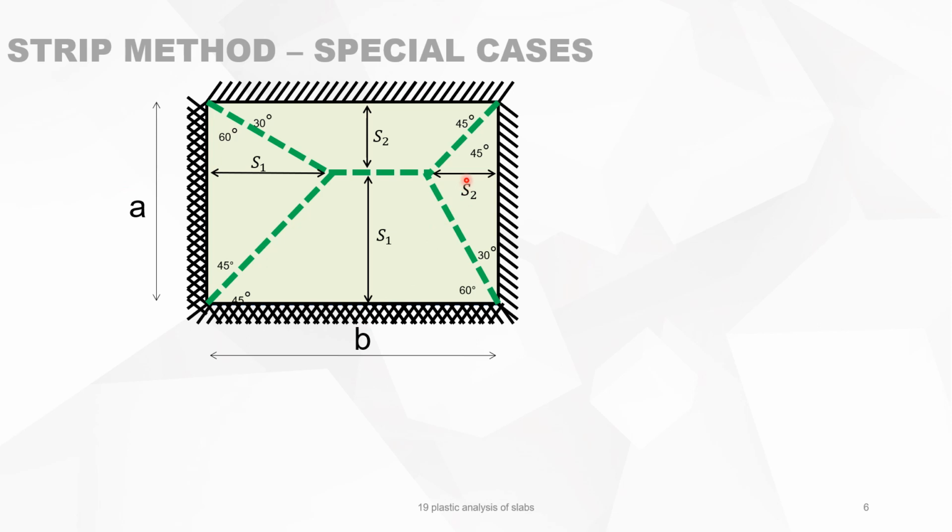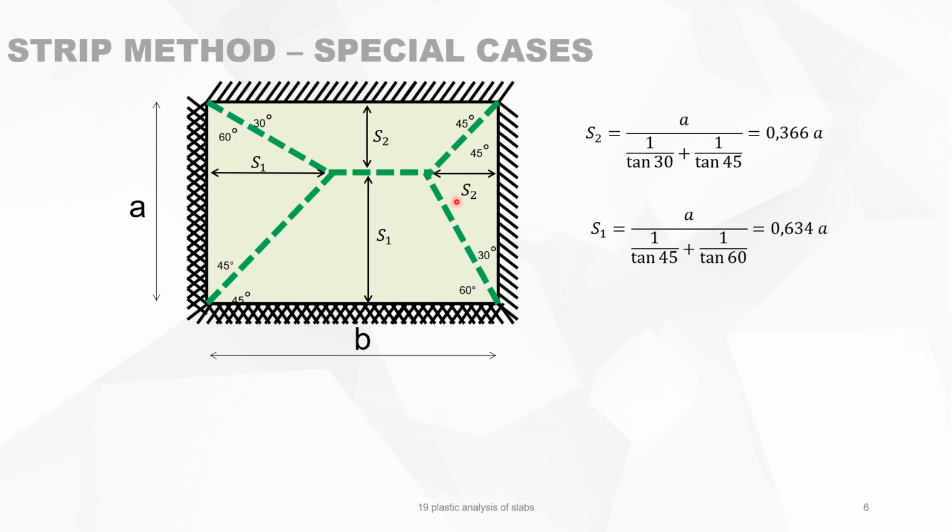It is quite simple. We use the formula for triangles, which is the side A divided by the sum of the cotangents of the two corners. That gives you S2, as mentioned here. So S2 is 0.366A.